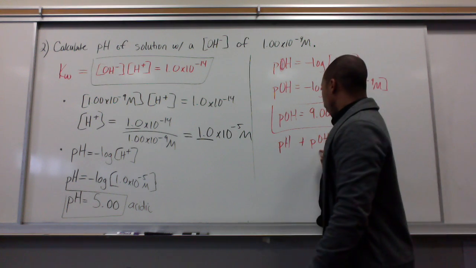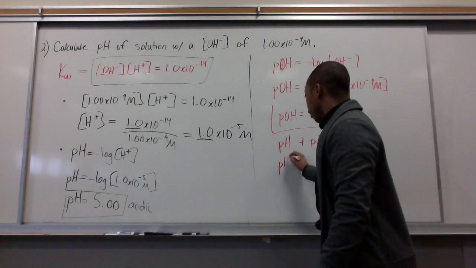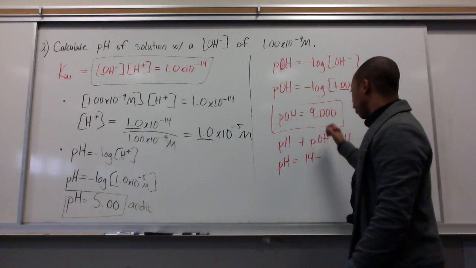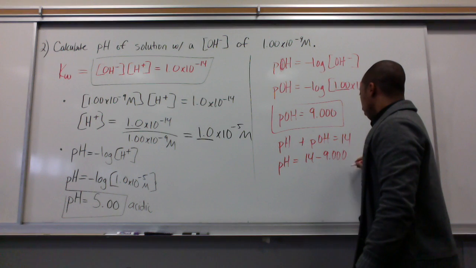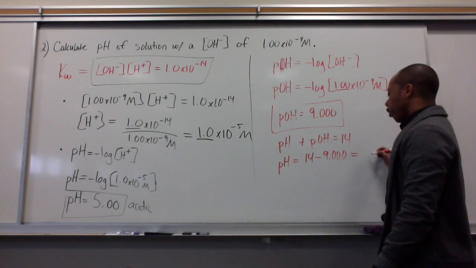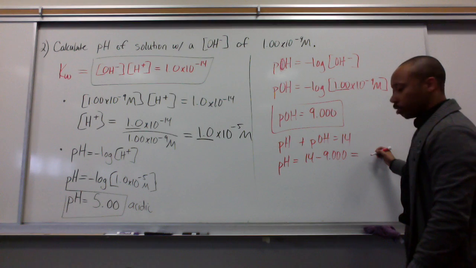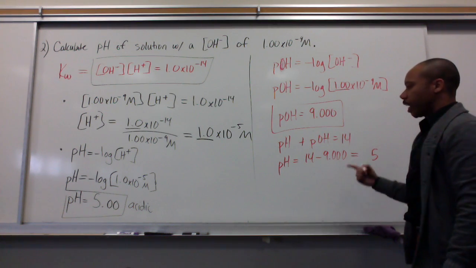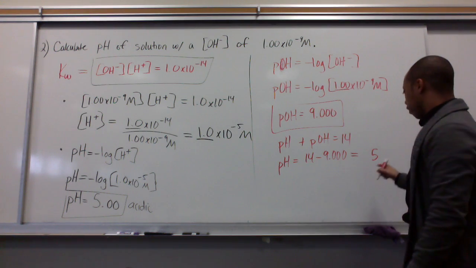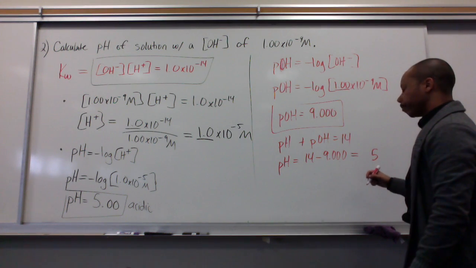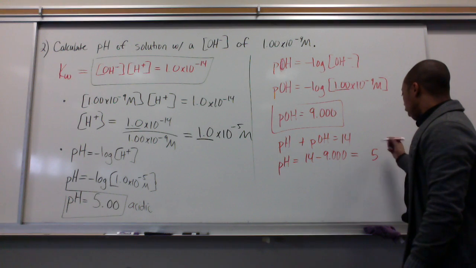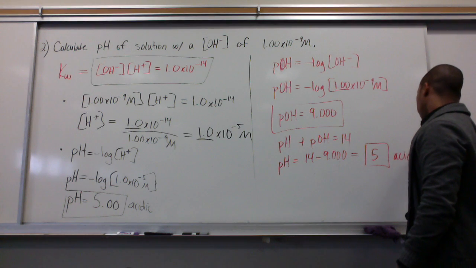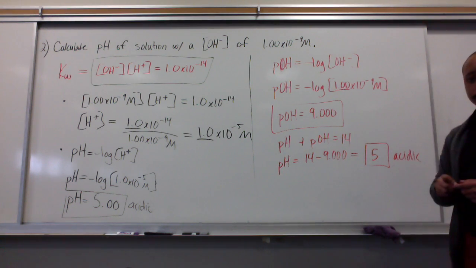I plug in my value for my pOH, so pH is equal to 14 minus the pOH, which is 9. So pH is equal to 14 minus 9. We get 5. In this case, it would just be 5 on the dot. And yeah, so pH is equal to 5. This is an acidic solution.